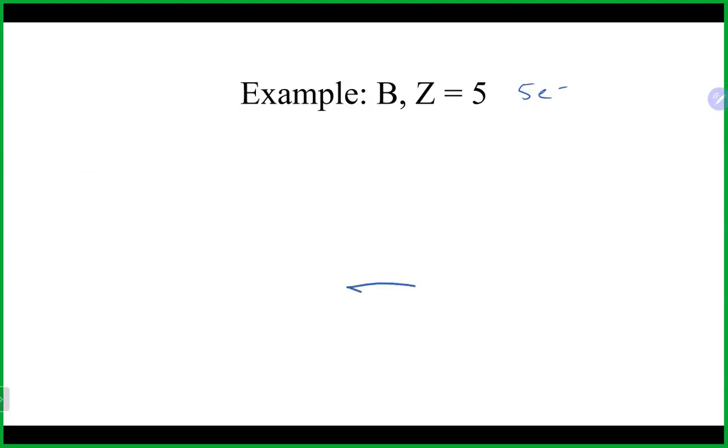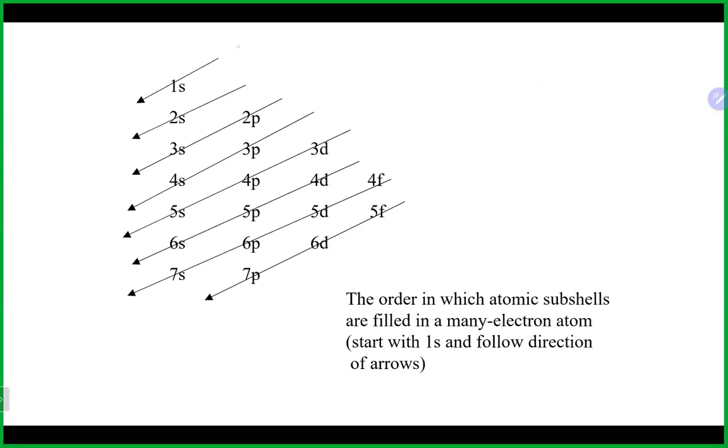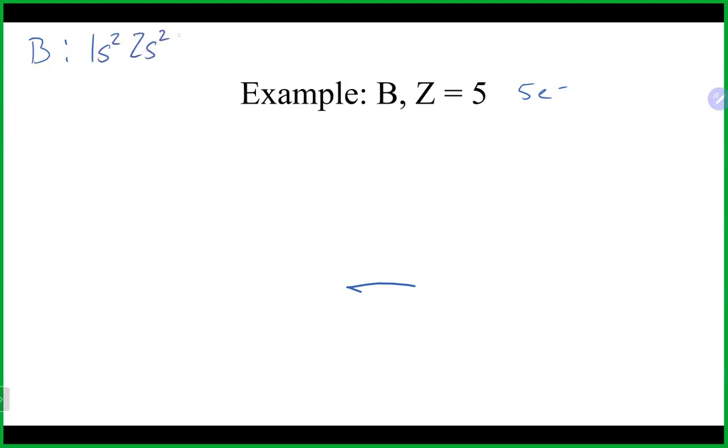Again, we're going to start like we talked about there, here. And we got to go through here. We got to zigzag through here. And now, as we just said a second ago, we got to go to our 2p. So our electron configuration at this point for boron would be 1s2, 2s2, and now 2p1.